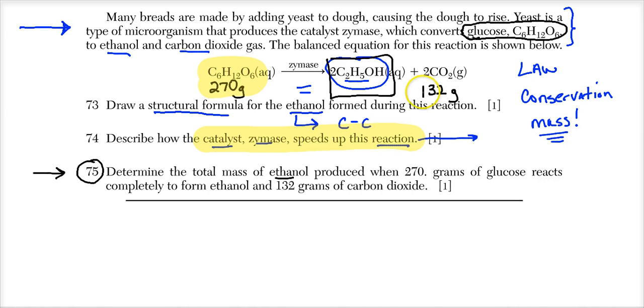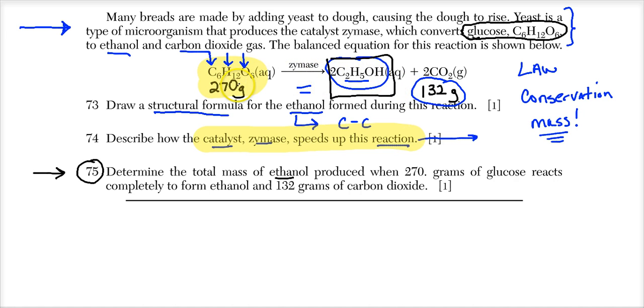If 270 grams of the reactants totally gets reacted, that means all of these atoms and all of their mass is now distributed somewhere in the product side. If I know part of their mass is 132, then the rest of the missing mass has to be 132 subtracted from 270 to get the mass of the ethanol. All you're doing is subtracting.